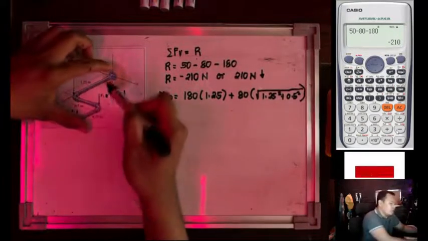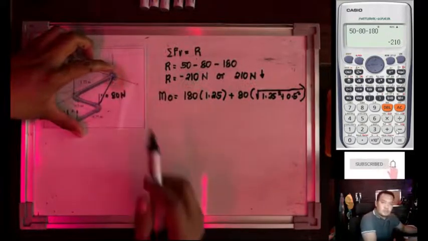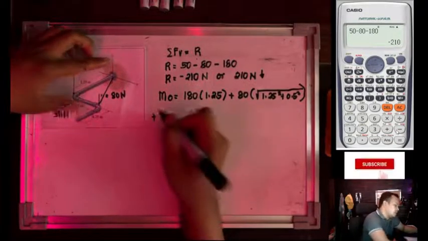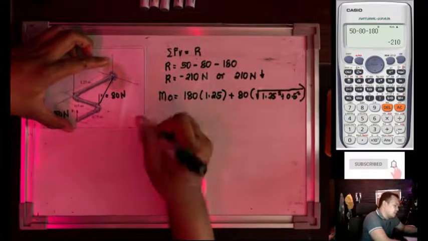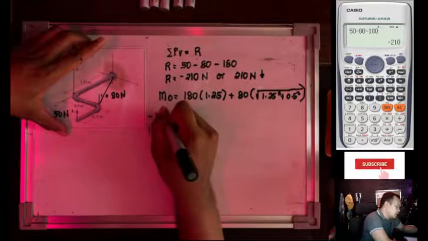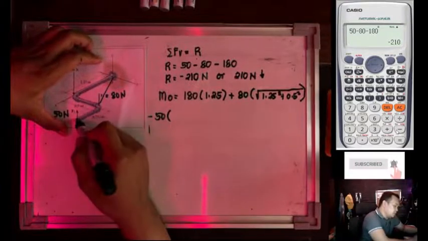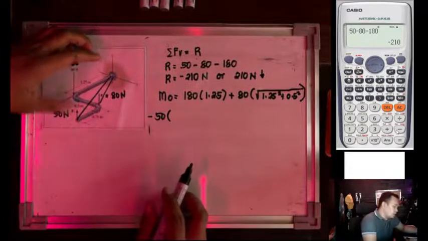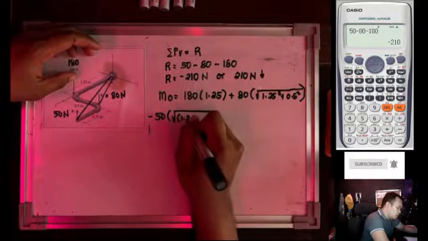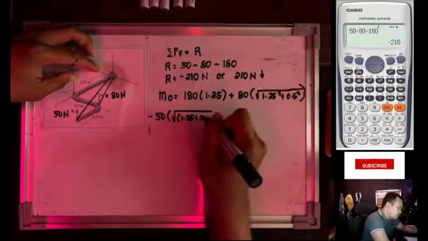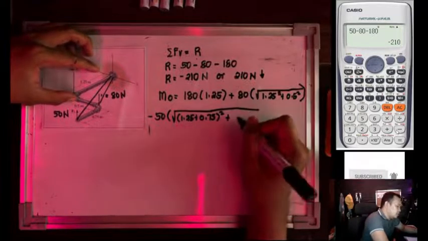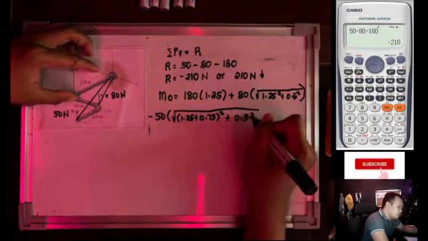So, kuha ko na lang ito para diretso yung perpendicular distance. Okay? Minus kasi pag ganun ang ikot niya, clockwise naman. Minus 50 times perpendicular distance is from this point to this point. So, pwede kong sabihin square root ni 1.25 plus 0.75 squared plus 0.5 squared.